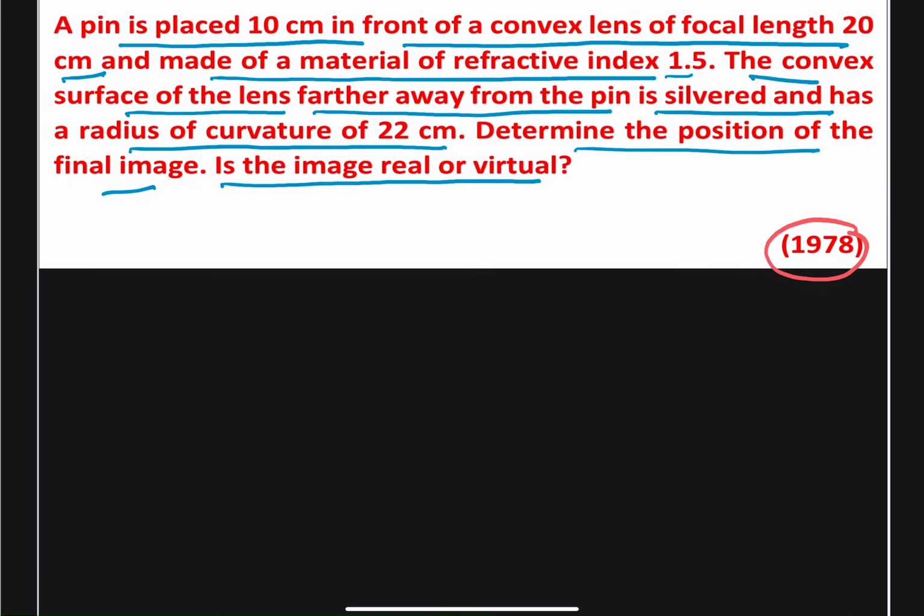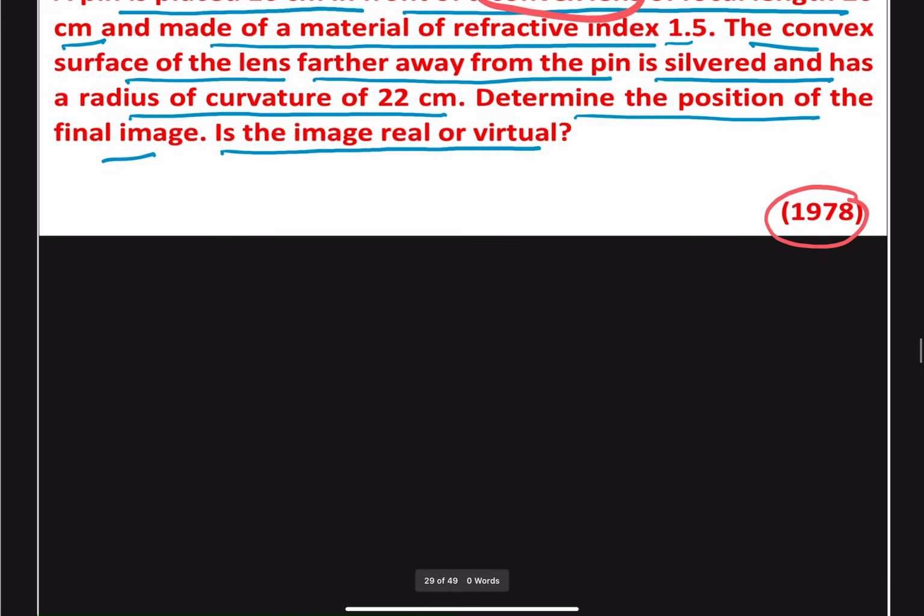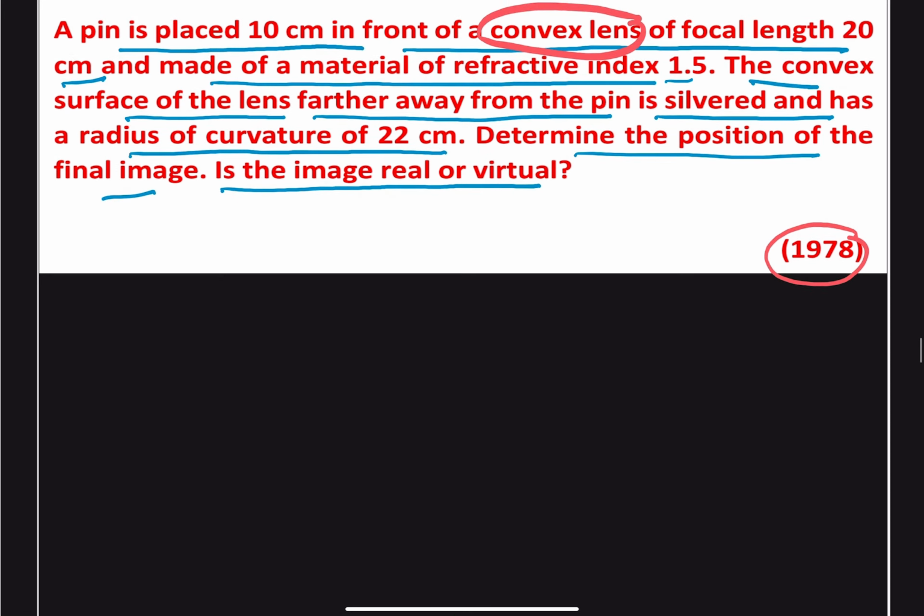We are given that we have a convex lens, its focal length is 20 and refractive index 1.5, and the convex lens surface which is further away from the pin is silvered. So we can draw an approximate figure for that.